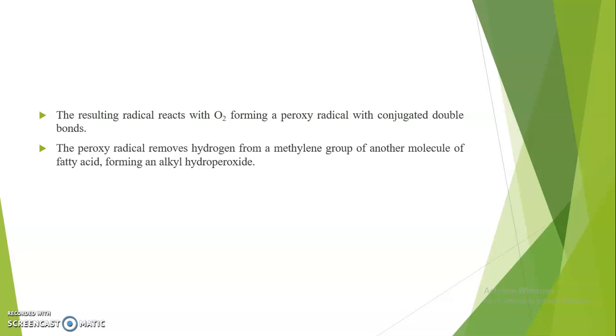Means the radical formed after the initiation step reacts with oxygen, forming the peroxy radical with the conjugated double bond. This peroxy radical again removes a hydrogen from the methylene group of another molecule of fatty acid, which forms the hydroperoxide.